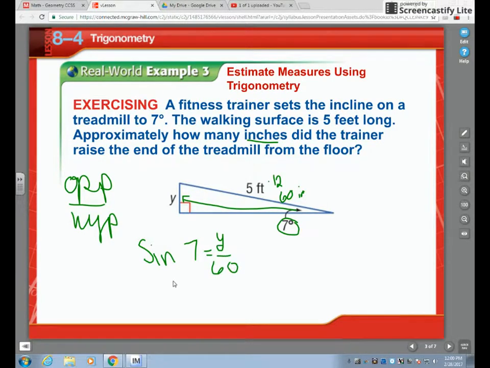Now I'm going to rewrite the problem as 60 times the sine of 7 degrees, and then use my calculator. I'm going to make sure that my calculator is in degrees and not radians. If you have any questions about that, please see me. The sine of 7 times 60 gives me 7.3 inches from the floor.